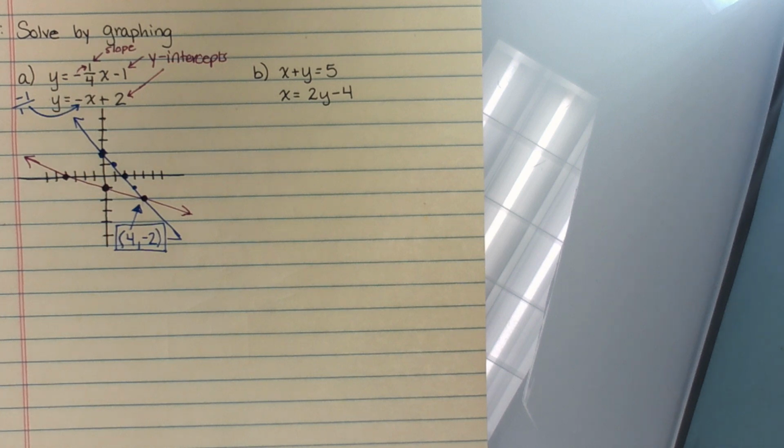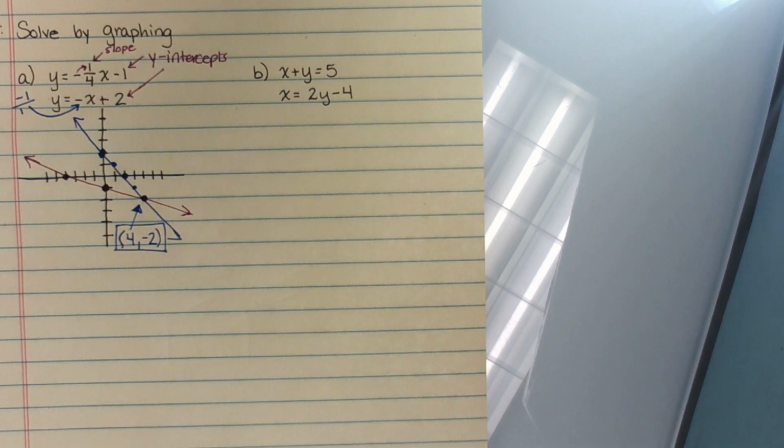Earlier, I mentioned about the first problem that those were pretty straightforward to graph because they were in the form of y equals mx plus b. Are these ones? No, but can I get them in the form of y equals mx plus b? In other words, can I get y alone? Yes.